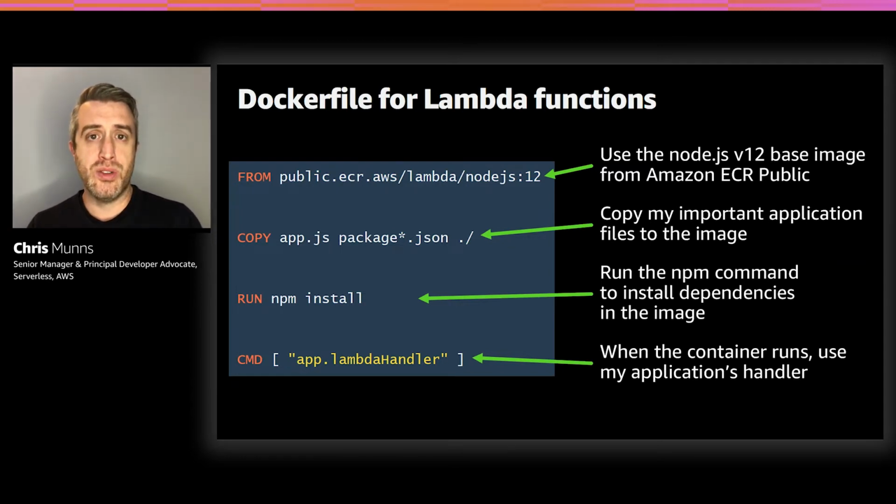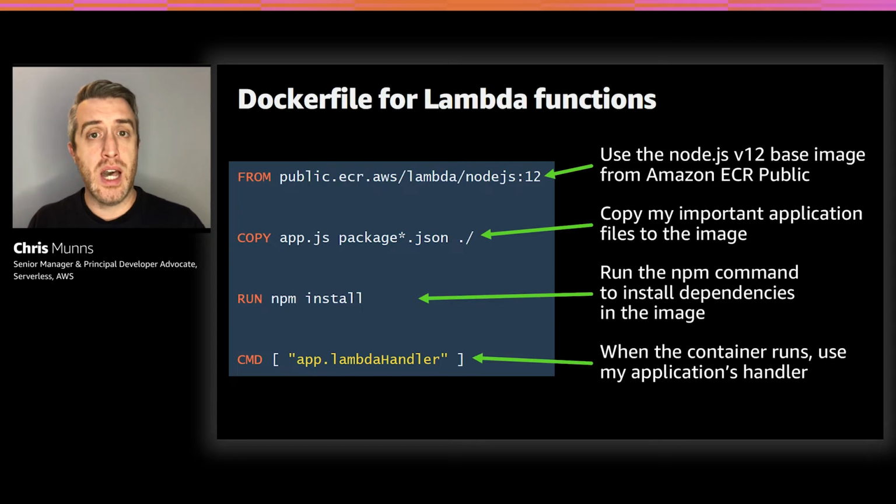We see here a very, very bare bones example of just 4 lines. What do these 4 lines do? The first one says that we're going to create an image based off of another one. So FROM, and then we're referencing a Node.js v12 base image that is in ECR Public. That's essentially what that first line means.